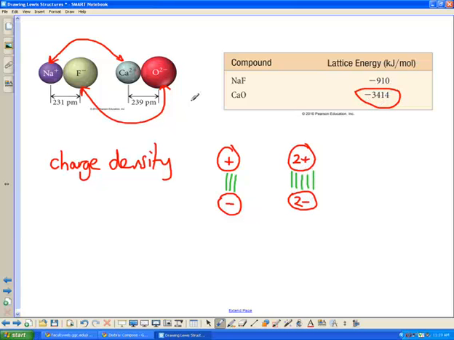So you can see that lattice energy has a lot to do with the charge on the ion.